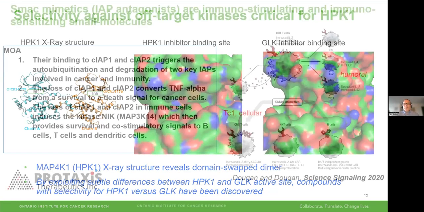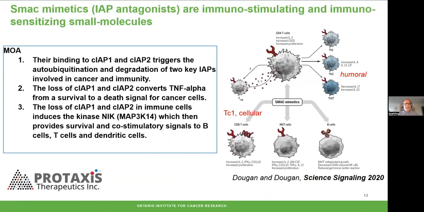And just shifting gears a little bit as I close out my portion of this series today, I wanted to highlight another target that we're interested in, and it's being funded through our CTIP program, and that's IAP, inhibitor of apoptosis protein.